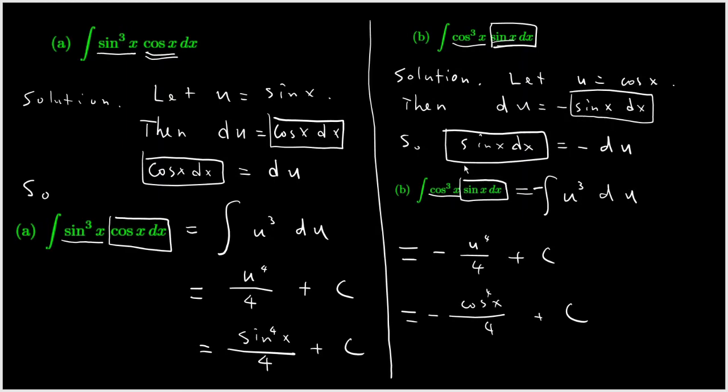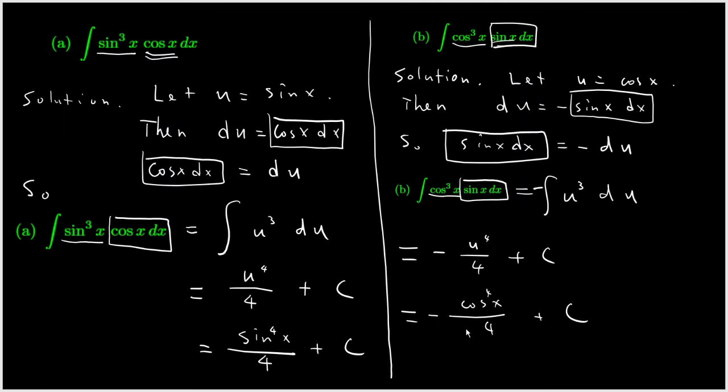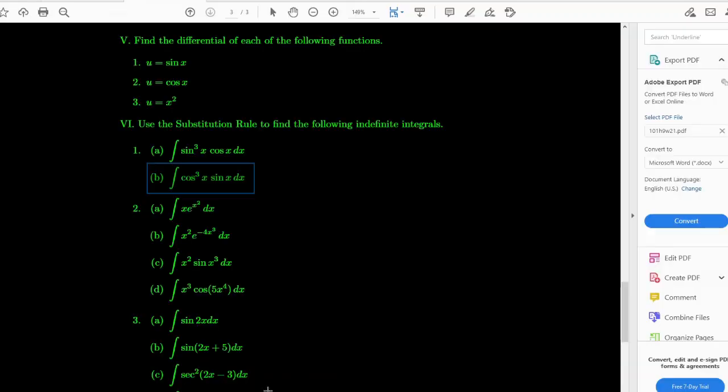In this case, you solve the equation for the box. You treat the whole thing in the box as a whole. By doing that, you can rewrite the integral entirely in terms of the new variable u. Any questions so far? If you don't, I'm going to move on to question number 2a.